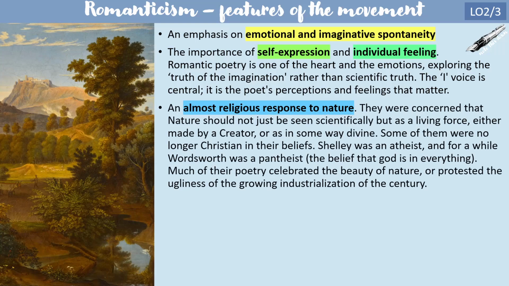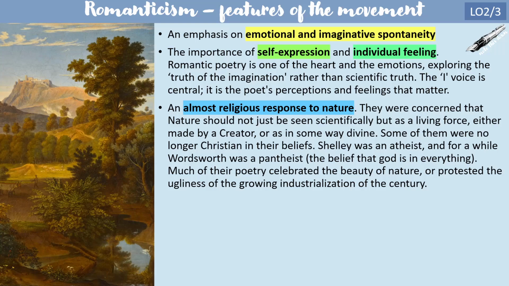Their relationship with nature can be described as almost religious. So they're concerned that nature should not just be seen scientifically, but as a living force, either made by a creator, particularly the early Romantics, or in some way having some kind of divine quality. Some of them were no longer Christian in their beliefs, particularly into the second wave of the Romantics.